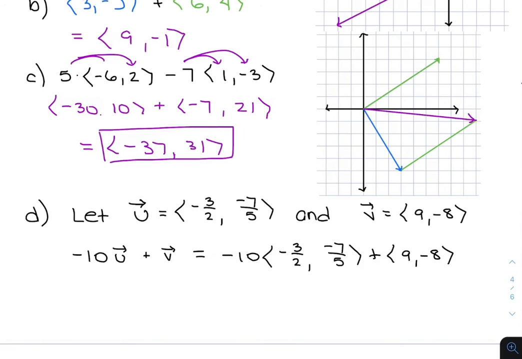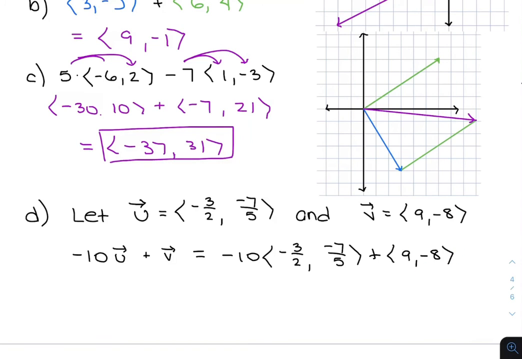So if we wanted to perform -10 times u plus v, all we would really have to do is substitute them in. So I have already substituted them in here. So instead of writing u, we're going to write this new vector, which was here. And instead of writing v, we're writing 9 comma -8 in its place.